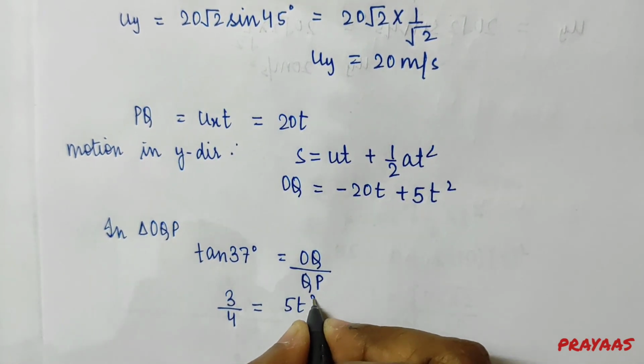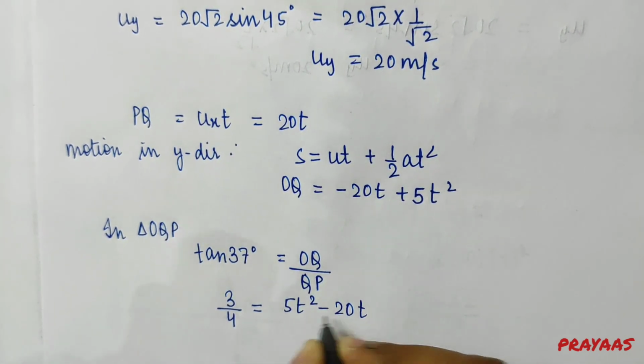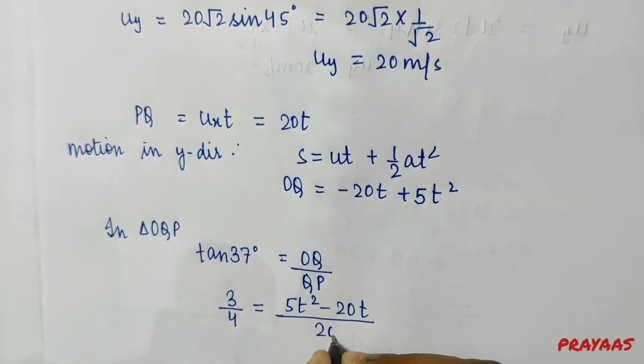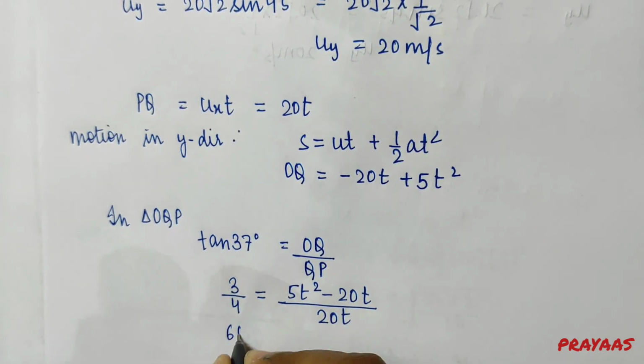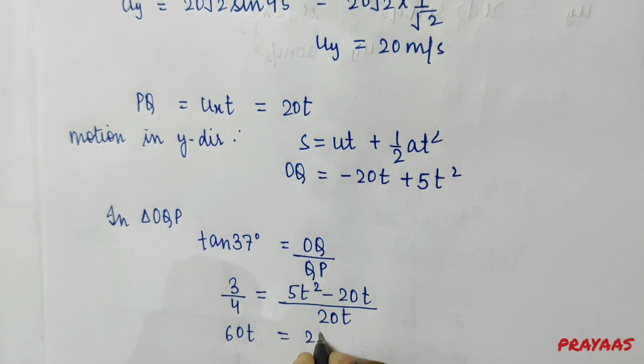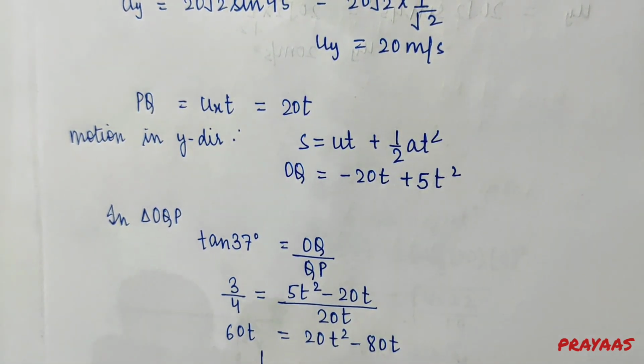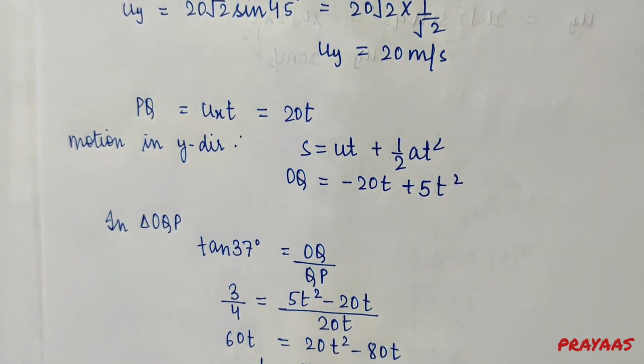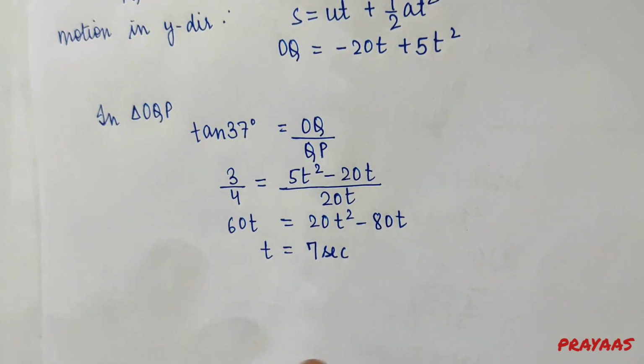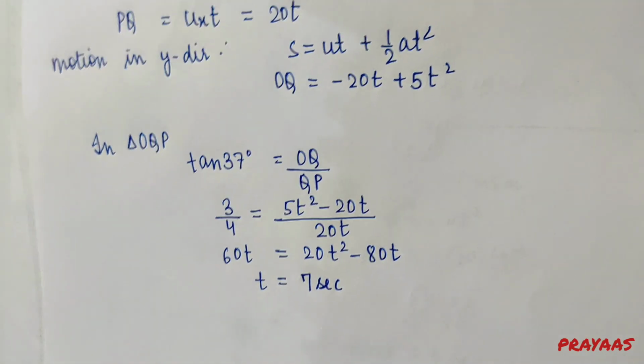This will be 5t square minus 20t upon 20t. On solving, this will be 60t equals 20t square minus 80t. So t will come out to be 7 seconds. So time of flight of the projectile along the inclined plane will be 7 seconds.